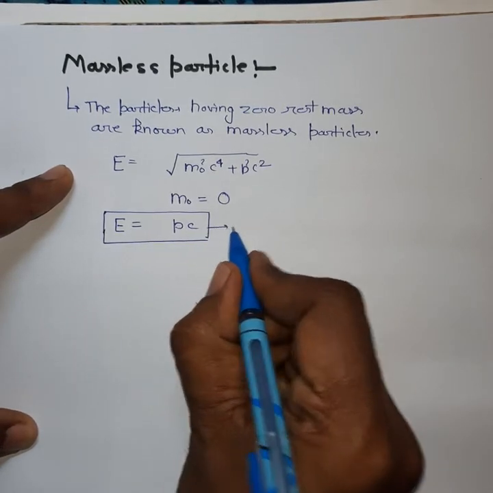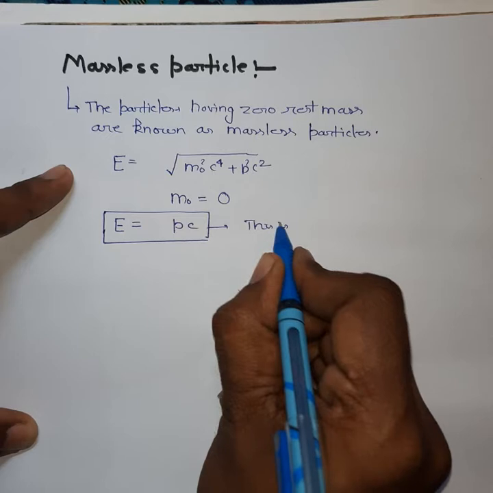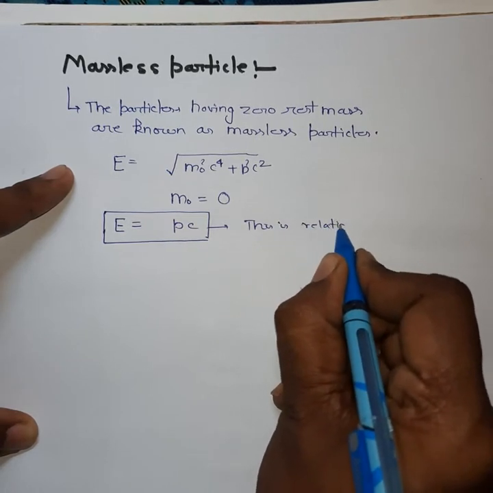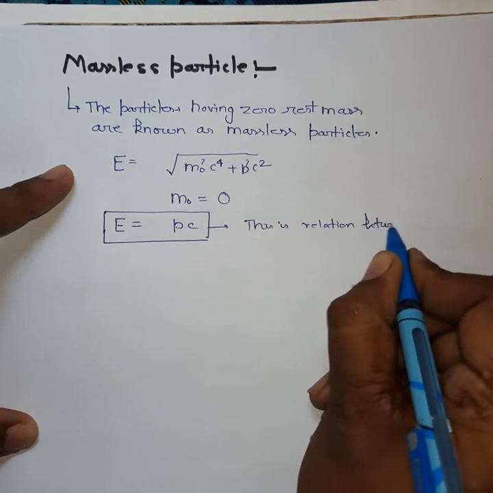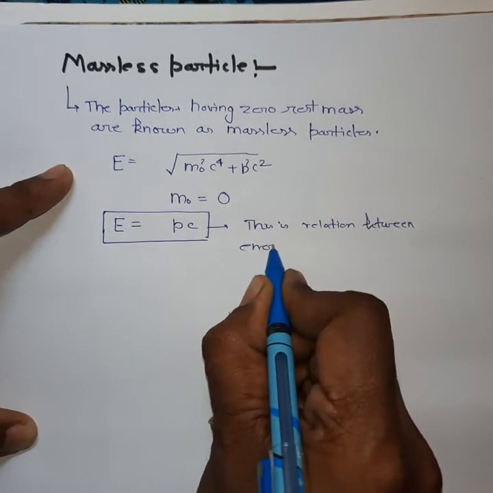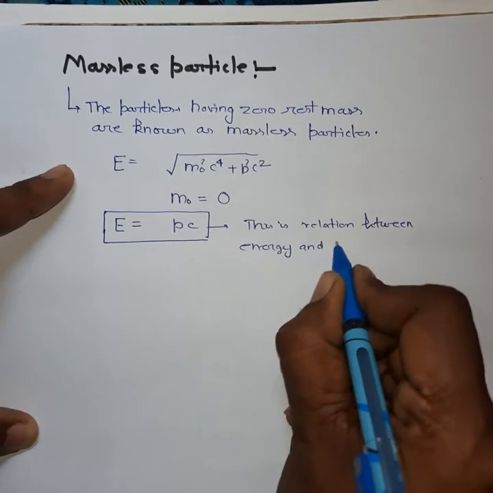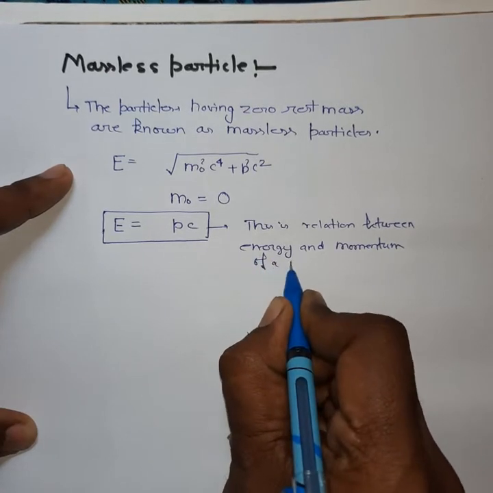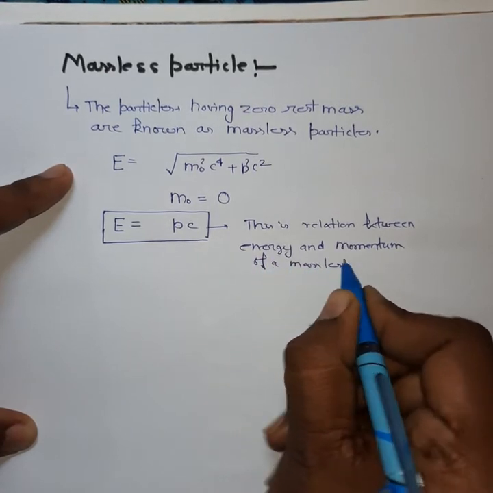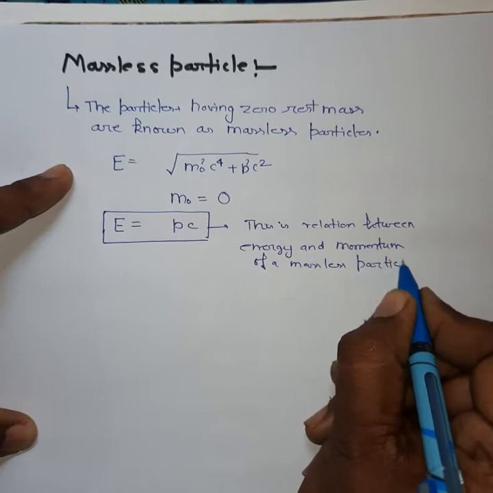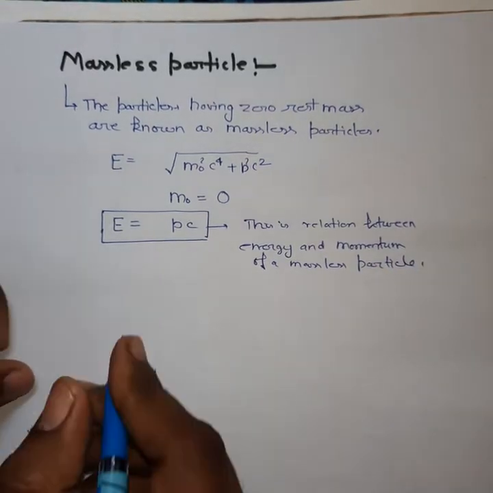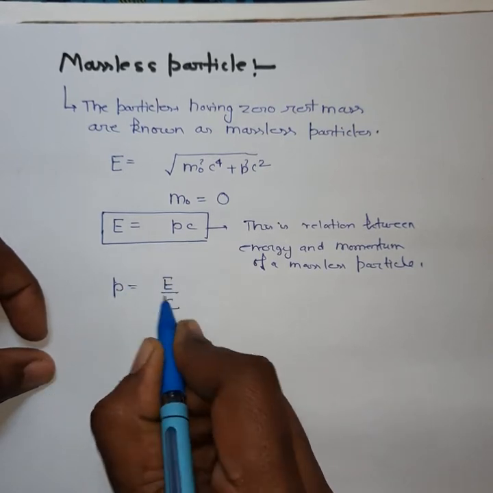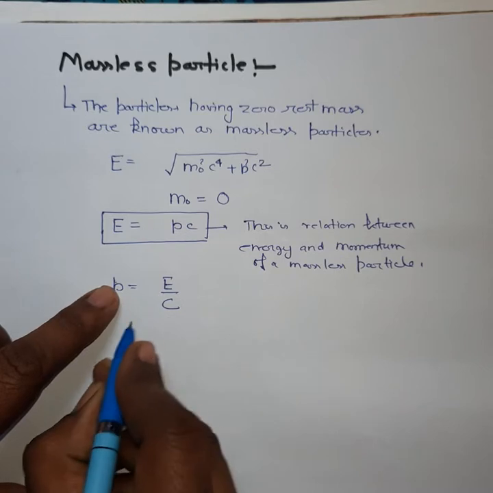This is the relation between energy and momentum of a massless particle. So momentum can be written as p is equal to E by c. This is the momentum of a massless particle.